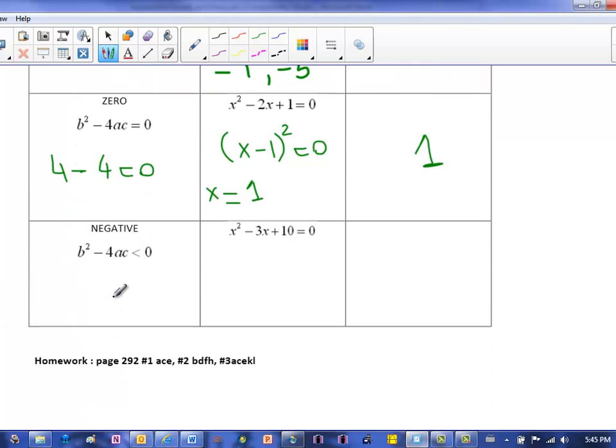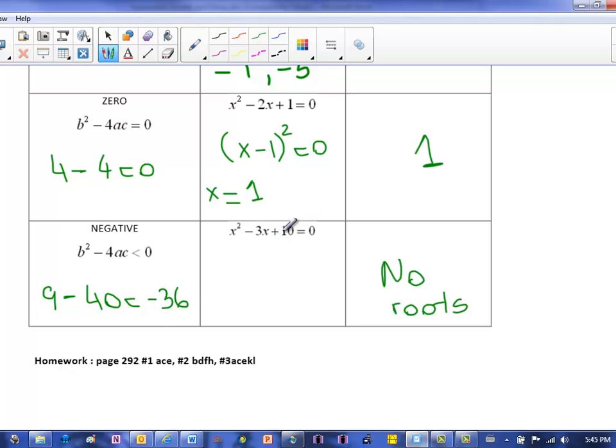Let's check the last one. It says here that when the value of the discriminant is a negative number, I have no roots. Right, let's check. The discriminant is 9 minus 4 times 10, which is 40, so it is negative 36.